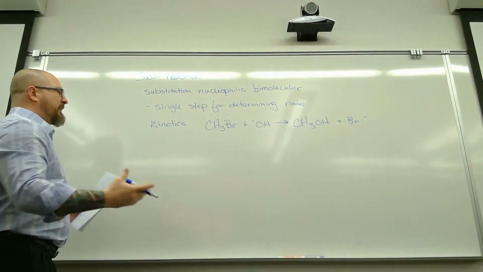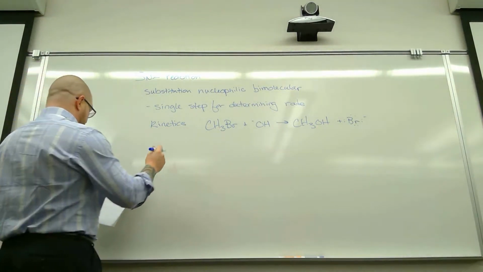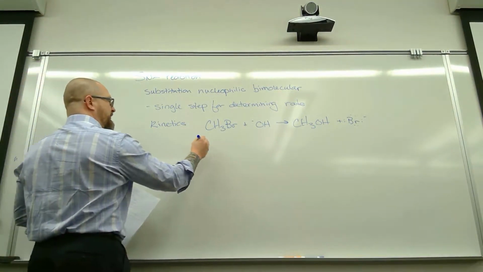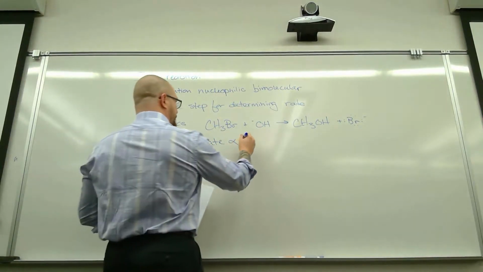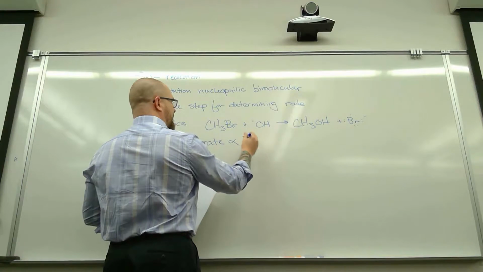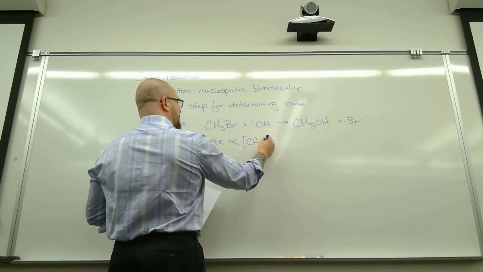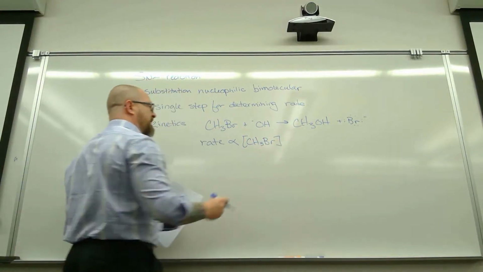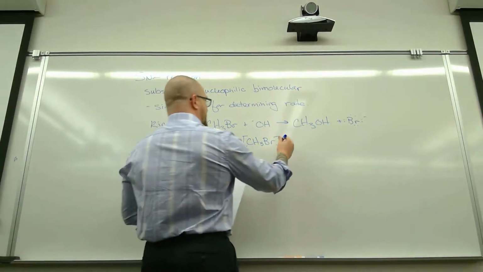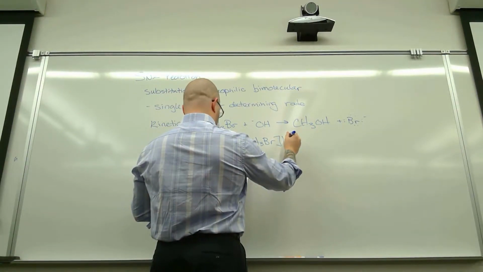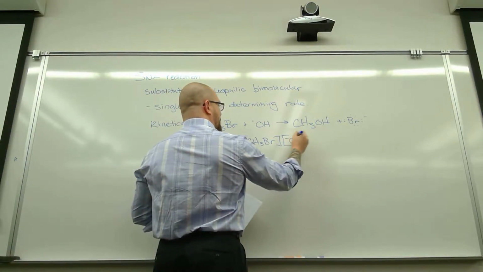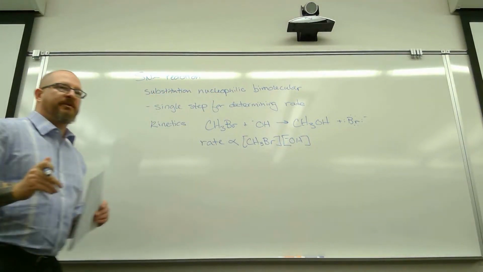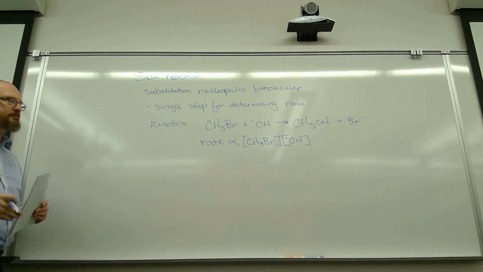If we were going to describe this particular mechanism, we would be able to say that the rate of the reaction is proportional to the concentration of the alkyl halide, in this case the methyl bromide, and it would also be proportional to the nucleophile, in this case hydroxide.